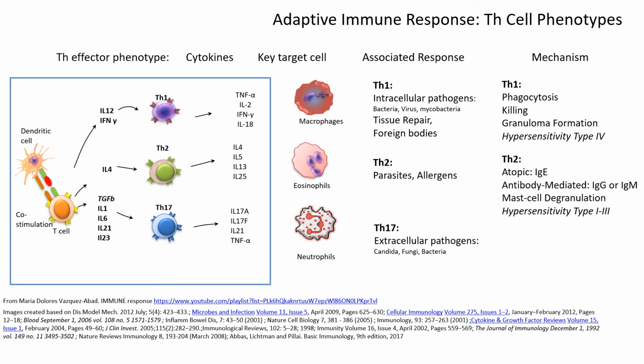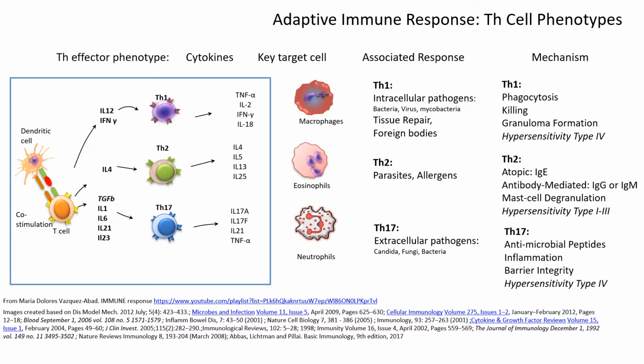The neutrophils will deal with extracellular pathogens like Candida, other fungi, bacteria, and the way that the neutrophils deal with these pathogens is by creating antimicrobial peptides, producing inflammation, maintaining the barrier integrity, but they're also involved in hypersensitivity type 4. So these three phenotypes are important, and all of them could be engaged in an immunogenic response to a drug.